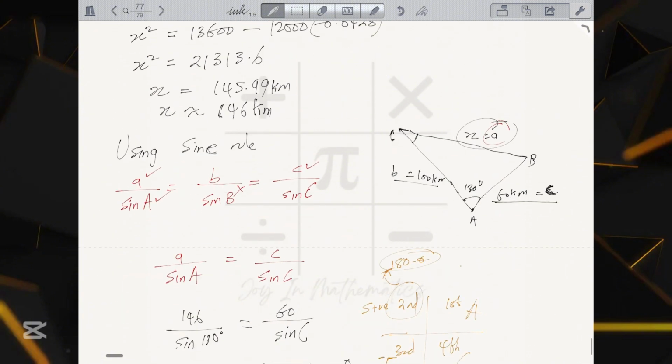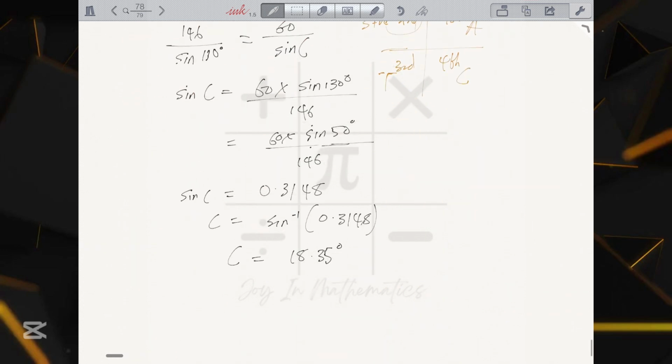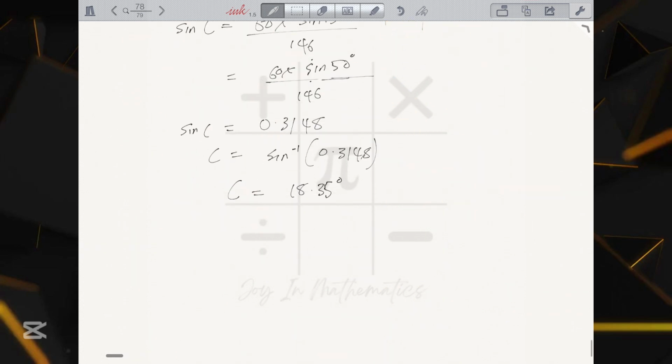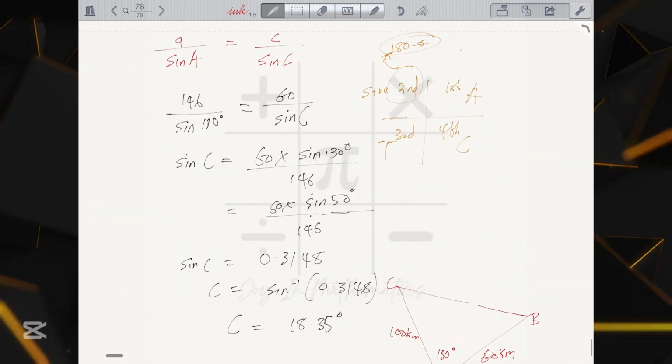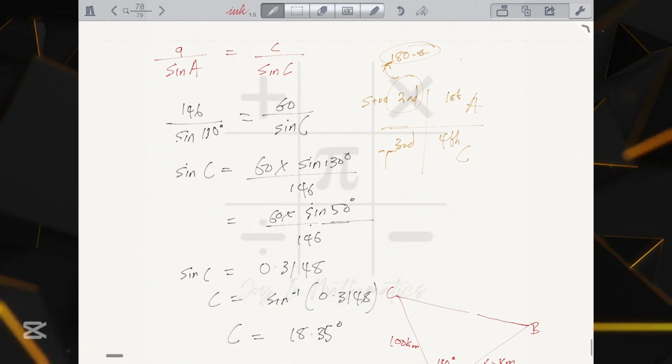Remember, we have angle 18.35 degrees. Now, let's go backwards to analyze the question. We have point A, point B, and likewise point C. Point A to point B has this angle of 130 degrees, the length of 60 kilometers, likewise length of 100 kilometers, and we evaluated this length to be 146 kilometers.